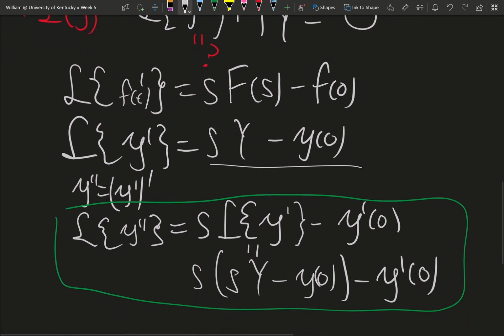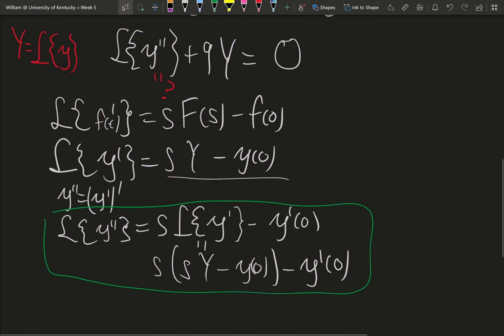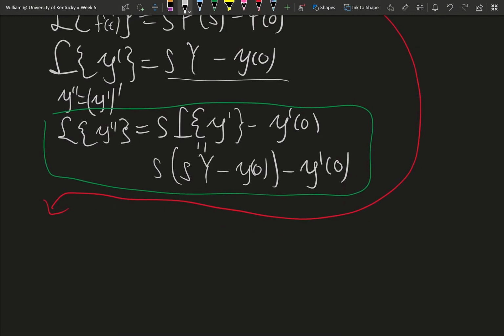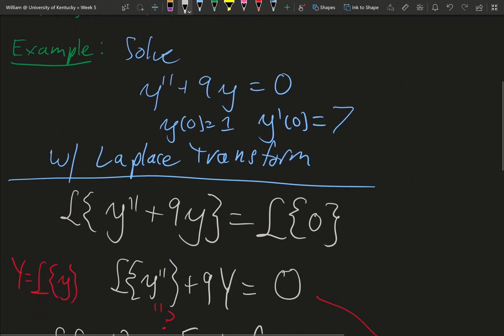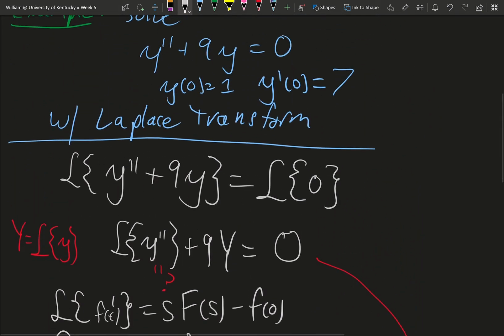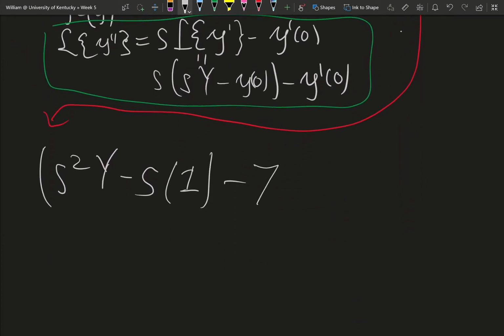So this is our general formula for the second derivative. So let's go ahead and plug that in and use our specific values. Bringing this all the way down here, we have s squared times Y minus s times y of 0, which is 1, minus y prime of 0, which is 7, plus 9 times Y equals 0.